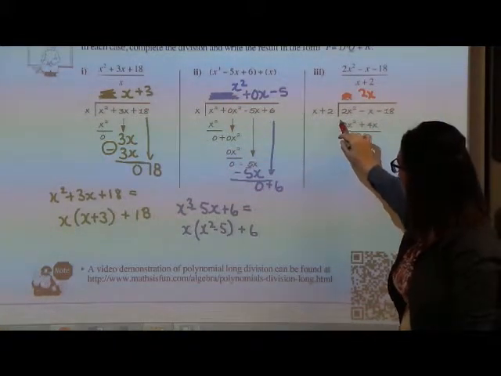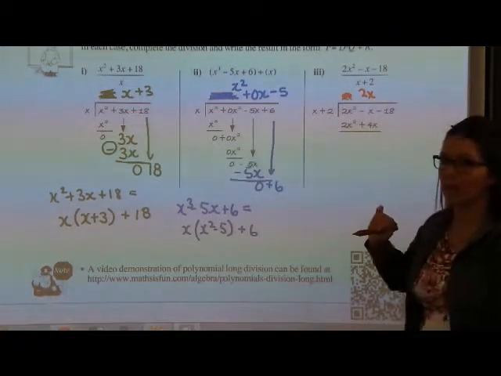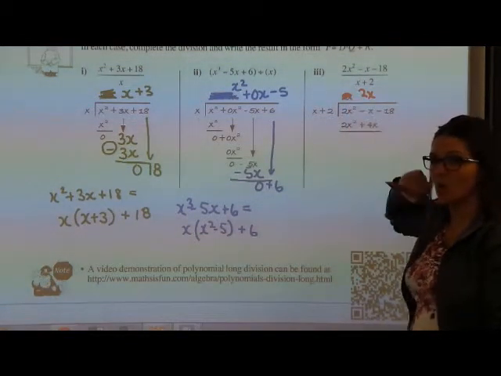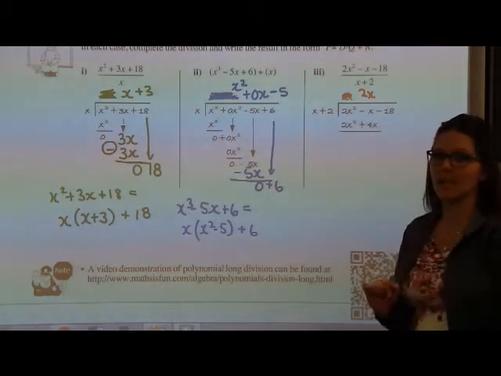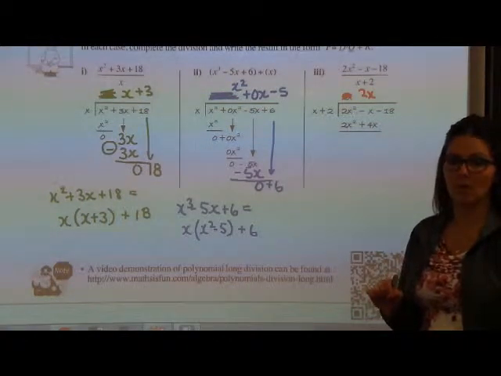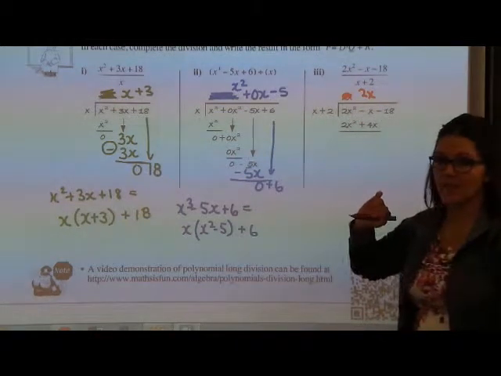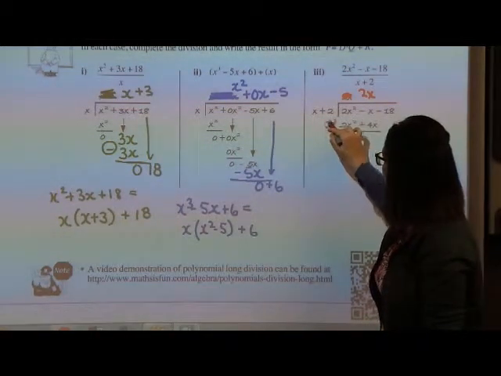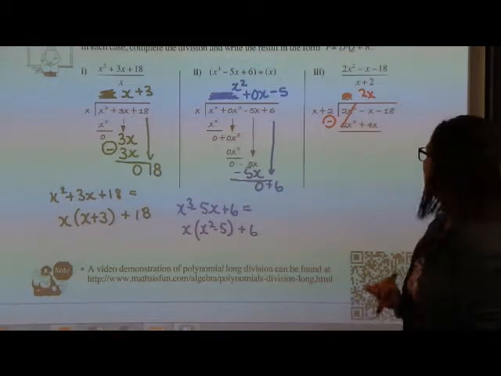But what I'm always trying to do is I'm always looking at the first term and how can I eliminate it. So when I'm trying to figure out why is it 2x, well, what can I multiply by x to get to 2x squared? I'm trying to eliminate that first term all the time. So I can multiply it by 2x, and that's how I get this statement. So then when I subtract, the 2x squareds cancel out, it equals 0.